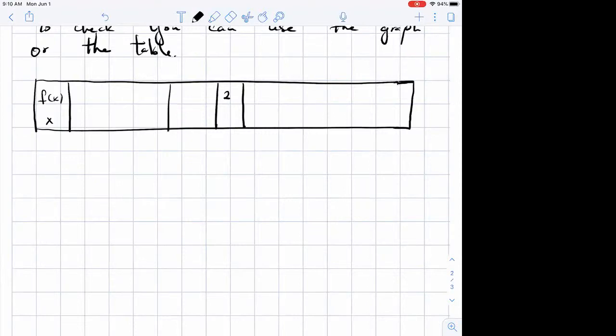So on this side we can have 1.9, 1.99, 1.999, and on this side 2.001, or let's make it 2.01, and then 2.1.